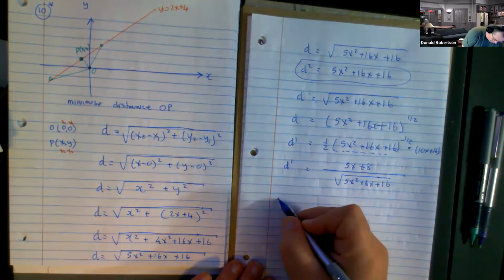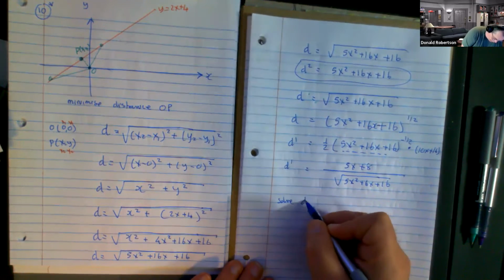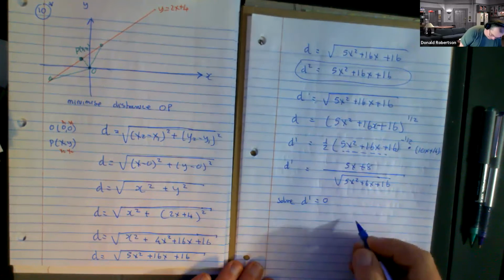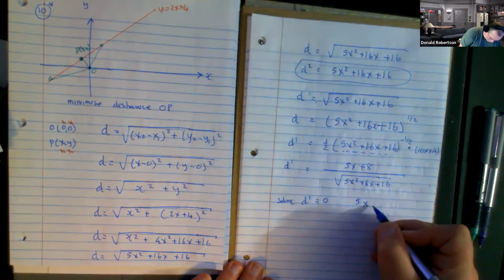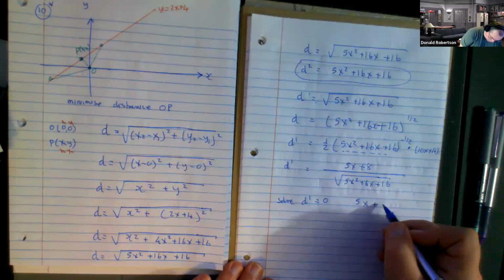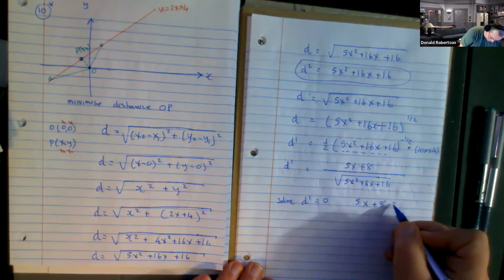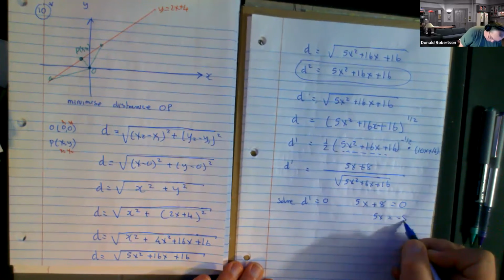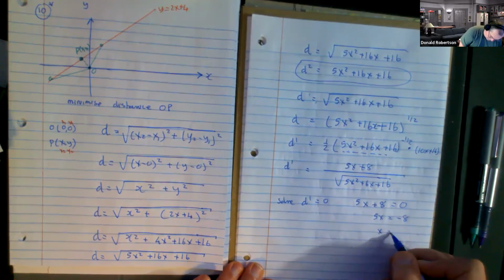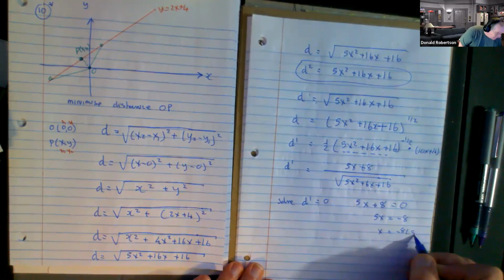And now you want to solve. When is the derivative 0? Which really just becomes, when is the numerator 0? Which then becomes that guy. Which then becomes that guy.